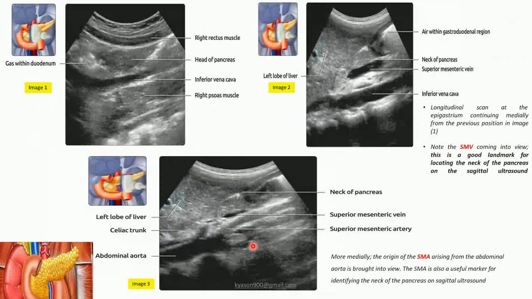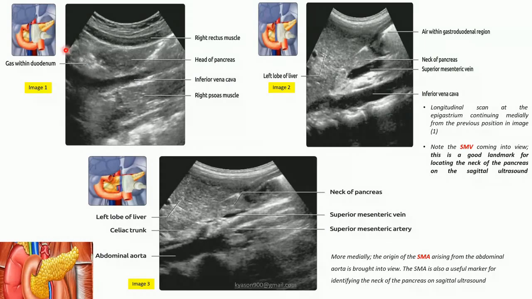In these images, we are scanning in a sagittal plane. If you scan in the sagittal plane to observe the head, you see the head in that sagittal orientation. And you can still see the relations behind it. We have the inferior vena cava. Just adjacent to it, we have the duodenum.